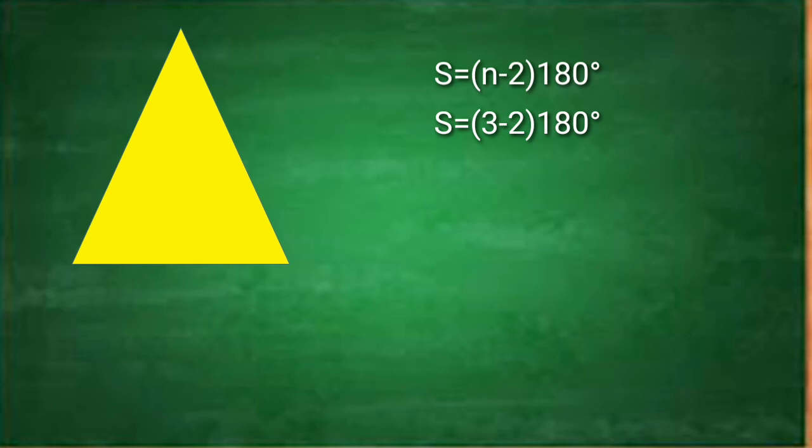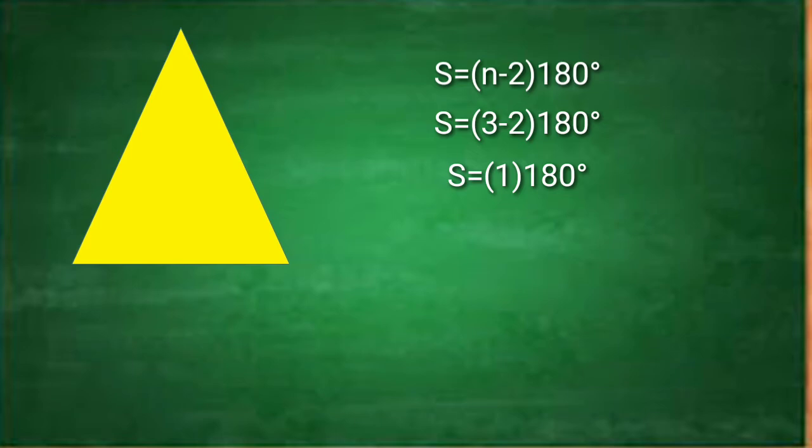To prove the sum of the interior angles of a triangle using this formula, since a triangle has 3 sides, use the formula S is equal to the quantity n minus 2 times 180 degrees. So you have to substitute the value of n. So we have S is equal to the quantity 3 minus 2 times 180 degrees.